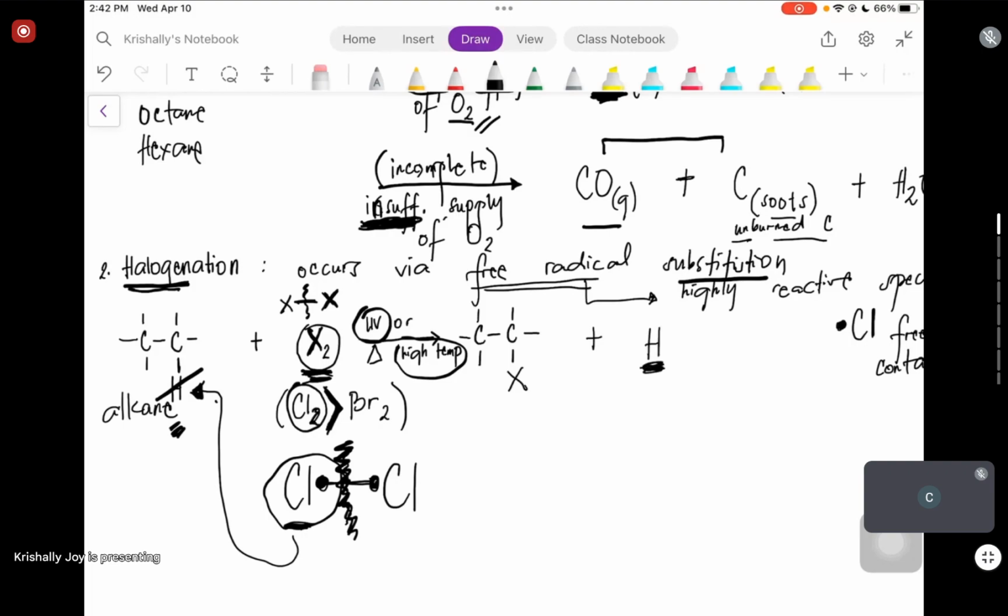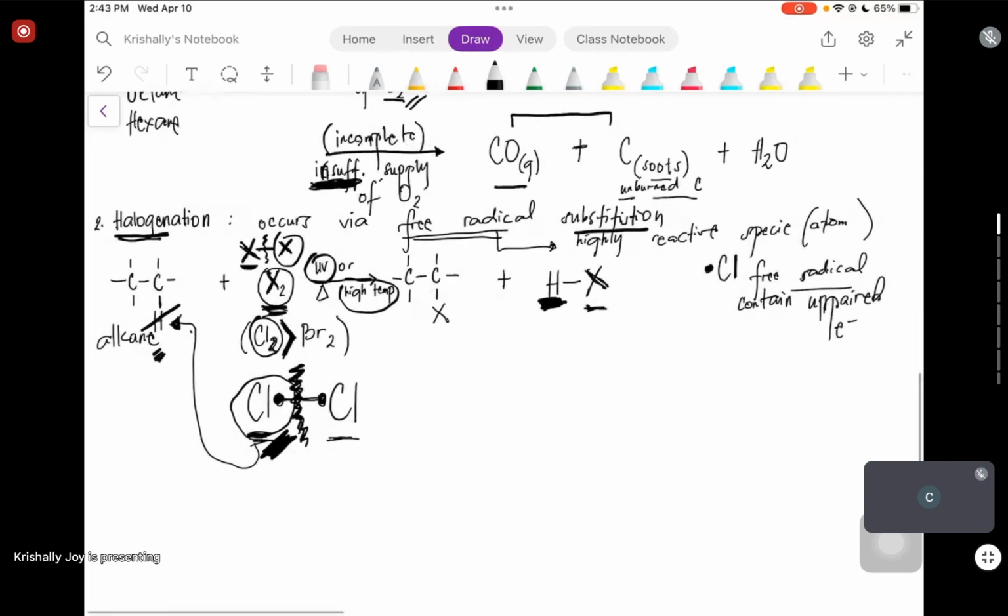The hydrogen, substituted by the chlorine free radical, will now form a byproduct together with the other halogen, because that's an X2. Only one halogen will be substituted, of course. So where does the other one go? It will form a byproduct, together with the hydrogen that was replaced by a halogen in the alkane.